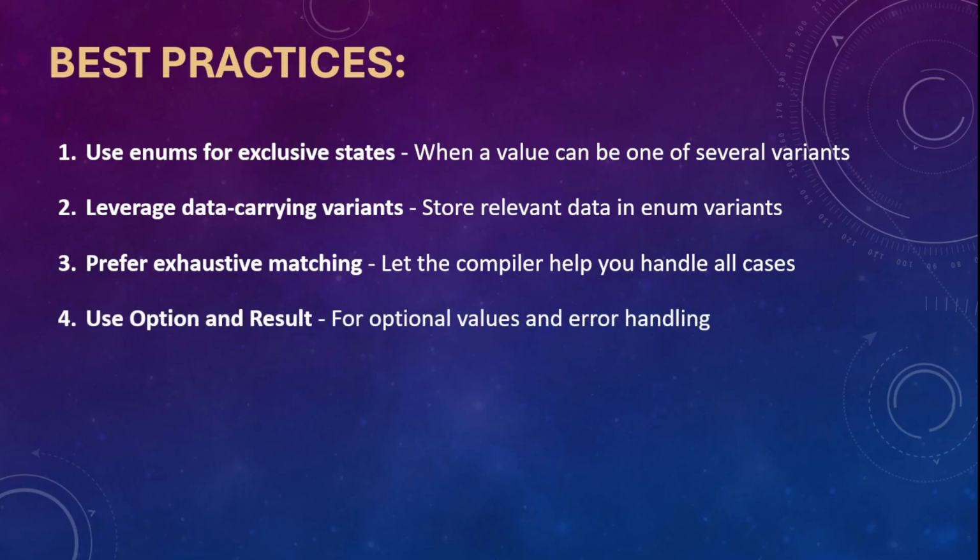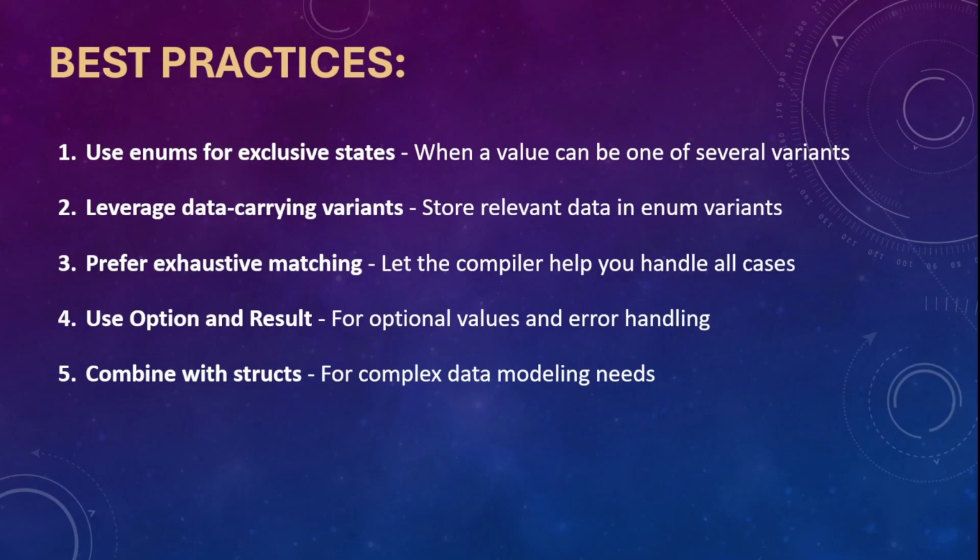Smartly use the Option and Result enums for proper error handling, and if some error occurs, then gracefully handle it, and combine them with structs for complex data modeling requirements.